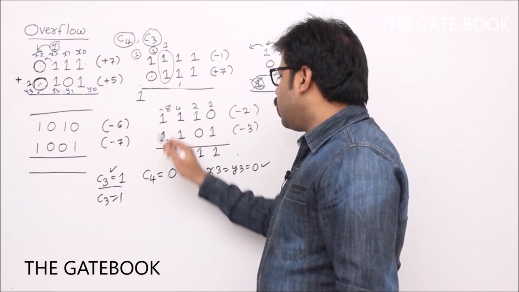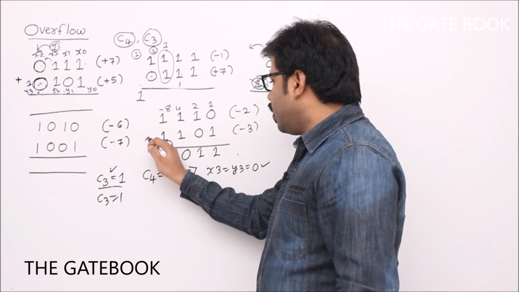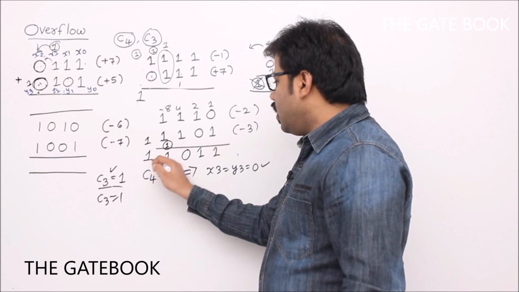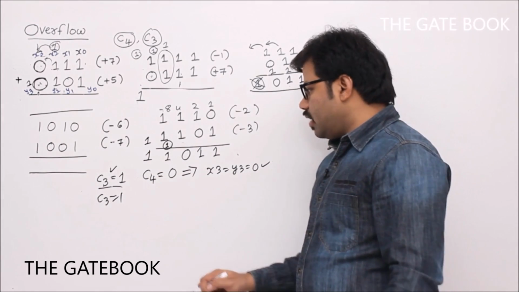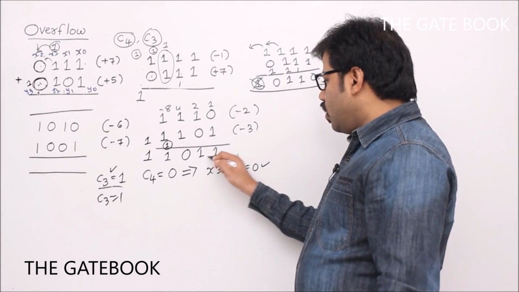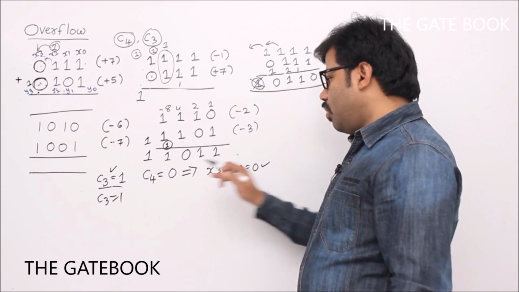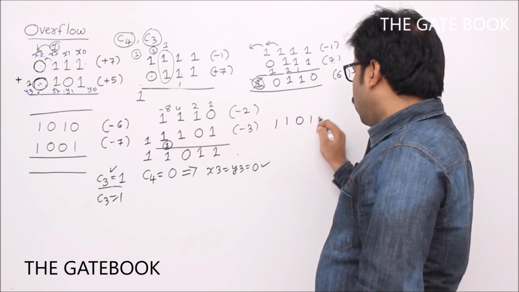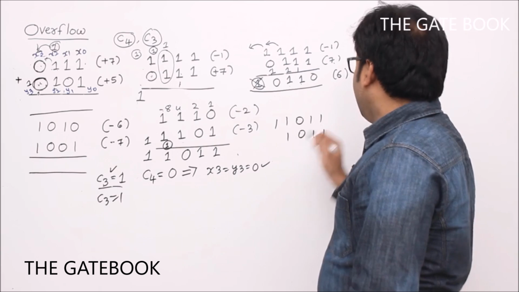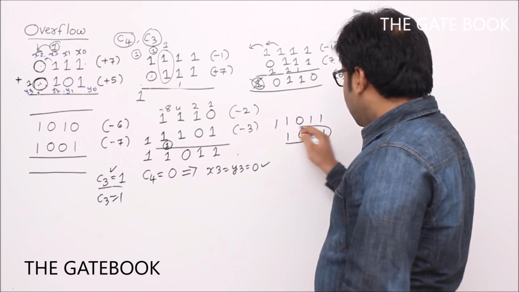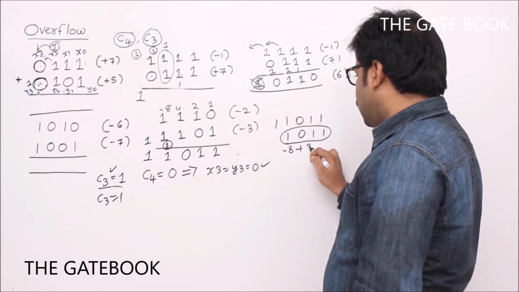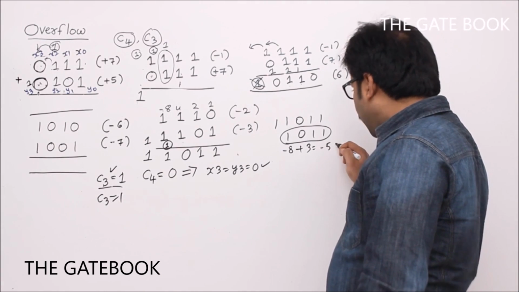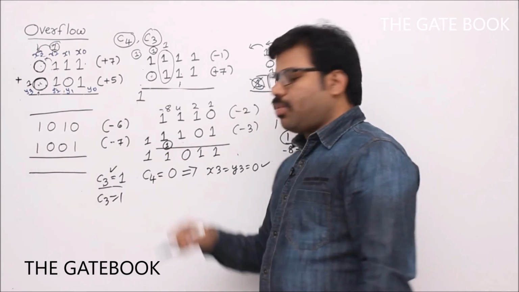So 1 plus 1 plus 1, the sum is 1, carry 1. At that time still there is no problem because of the sign extension. 11011 is equivalent to 1011 first of all. 1011 is a number whose value is minus 8 plus 3, which is minus 5, representable. So there will not be any problem.